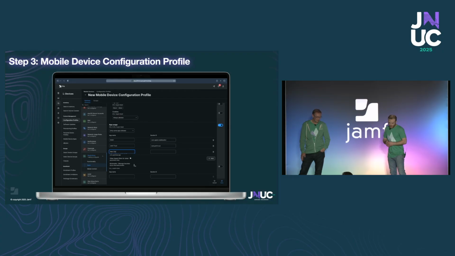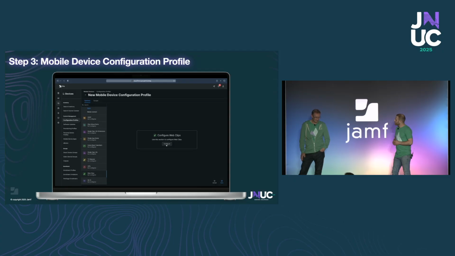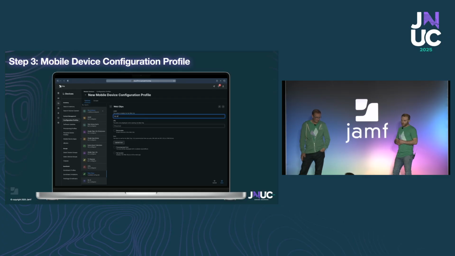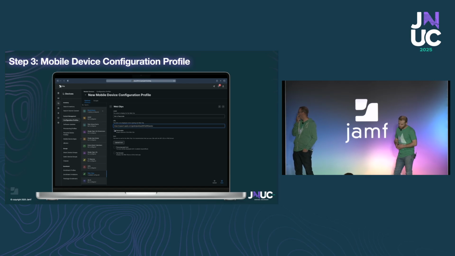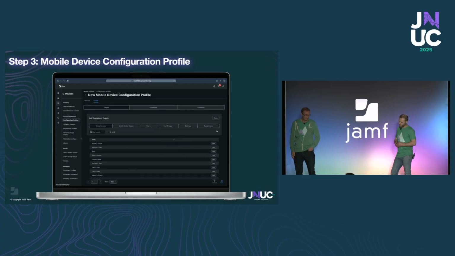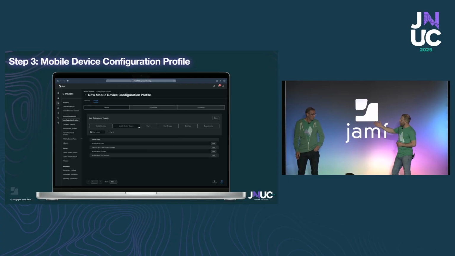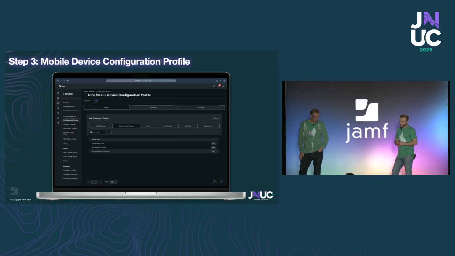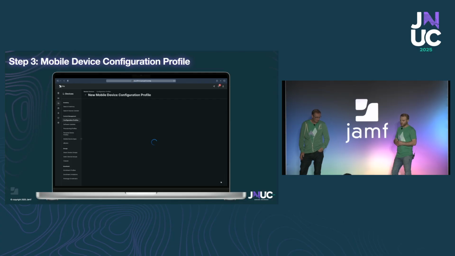We're adding restrictions for everything except for the apps Safari, Jamf Trust, and web clips. And we'll add a web clips payload with a link to an Apple support article on setting a passcode on an iPad. And the Settings app will be permitted as well. Lastly, you'll notice that we are scoping or targeting the smart group Devices with Lock Screen Disabled.